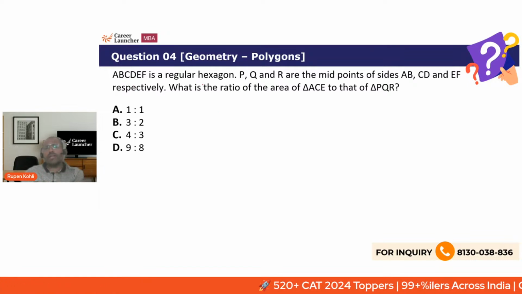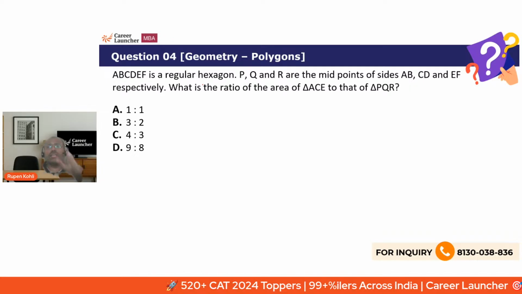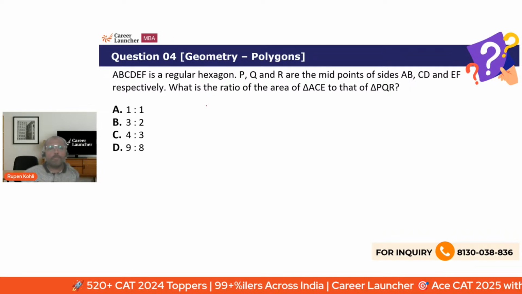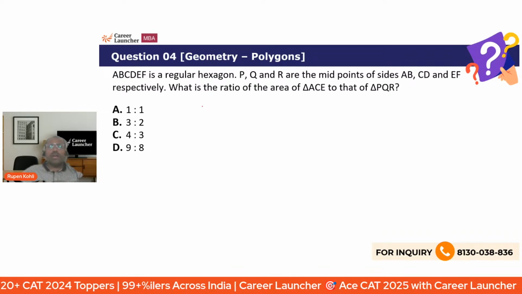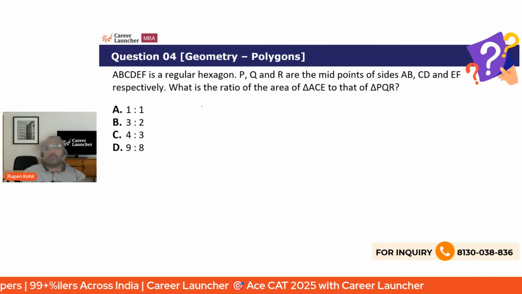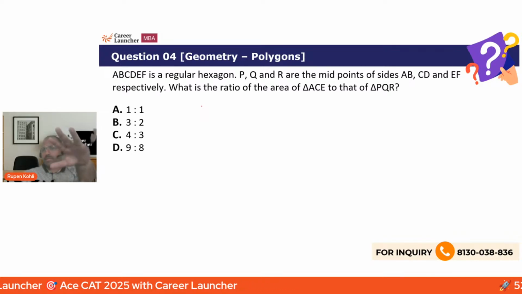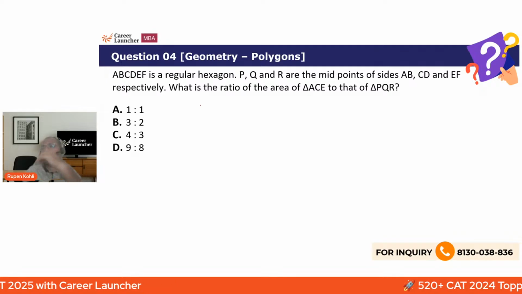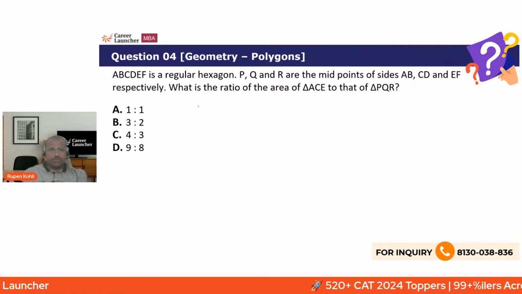All of us know a regular hexagon is basically 6 equilateral triangles, right? P, Q, and R are the midpoints of the sides AB, CD, and EF. So they are alternate sides, AB, and then not BC, but CD, and then not DE, but EF. So let me just start marking the things over here.